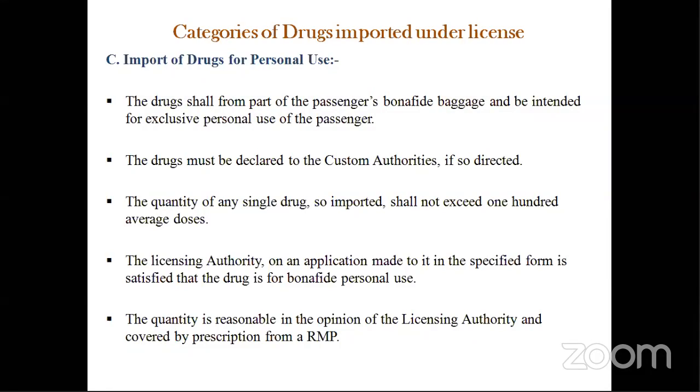First they check what kind and quantity of drugs have been imported. The quantity of any single drug imported cannot exceed 100 average doses, whether it is a Schedule X category drug or Schedule C drug. You should confirm about that.